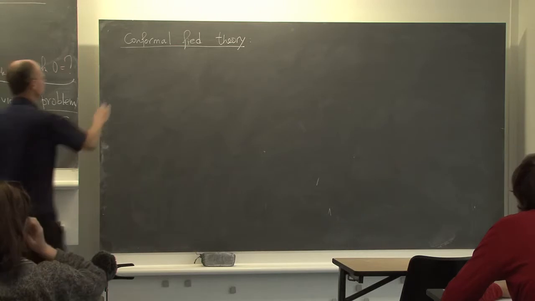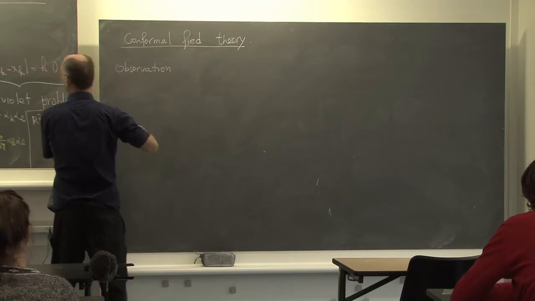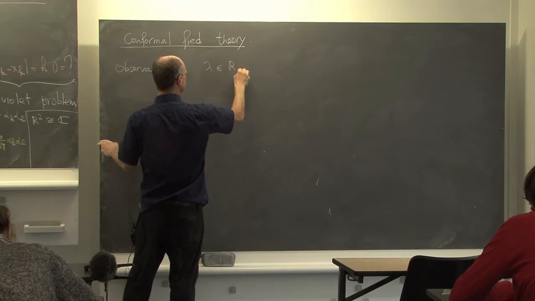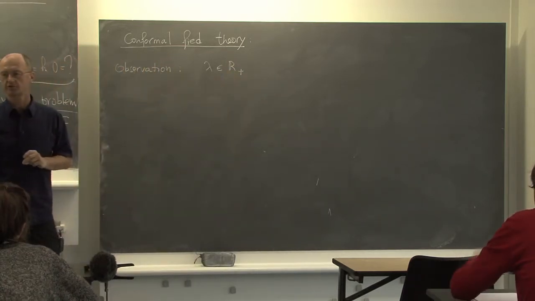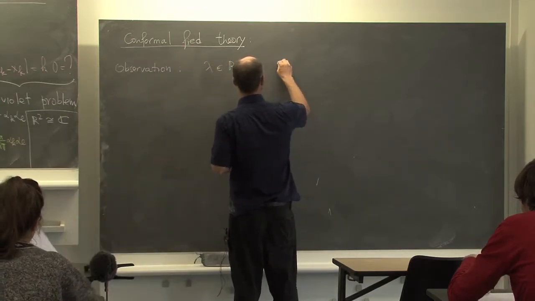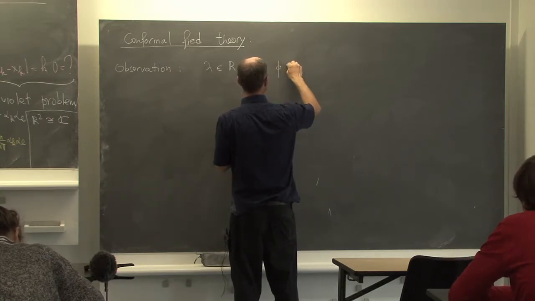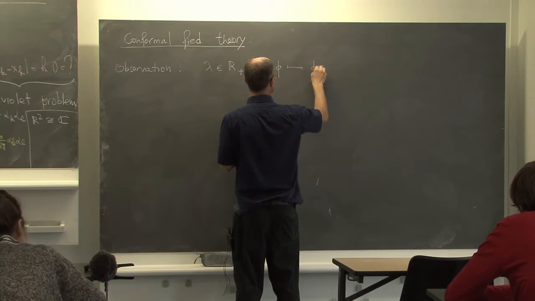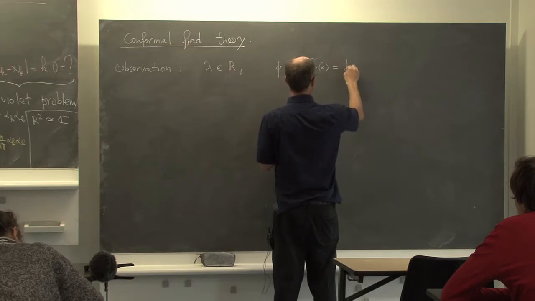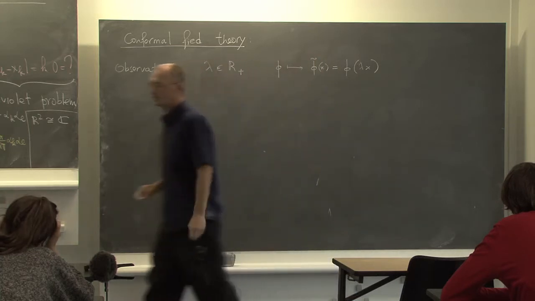Now let me start with an observation. Let me choose lambda, a positive real number, and let me consider a transformation of this phi tilde of x, which is simply equal to phi of lambda x.